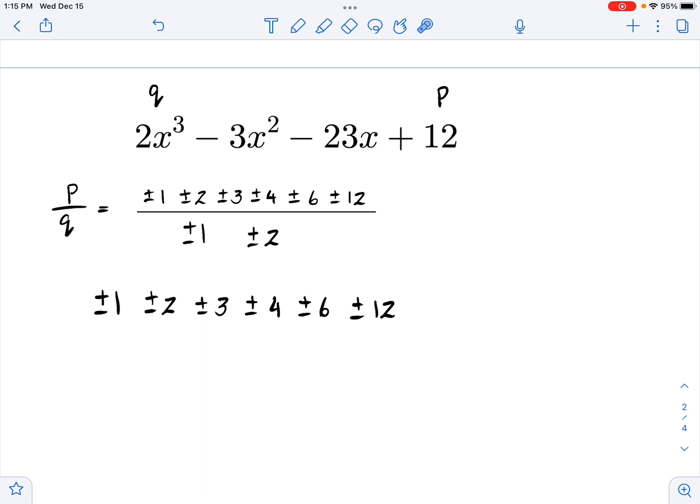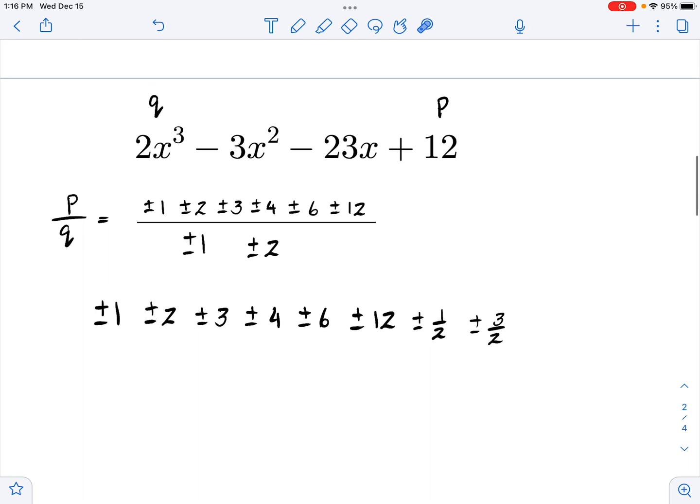And then I can also take plus or minus 1 over plus or minus 2, so that's plus or minus 1 over 2. Note that plus or minus 2 over 2 is the same as plus or minus 1. I have plus or minus 3 over 2. Plus or minus 4 over 2 is the same as plus or minus 2. Plus or minus 6 over 2 is the same as plus or minus 3. And plus or minus 12 over 2 is the same as plus or minus 6. So this is it. These are my potential rational roots.